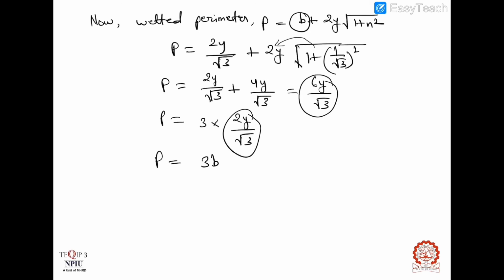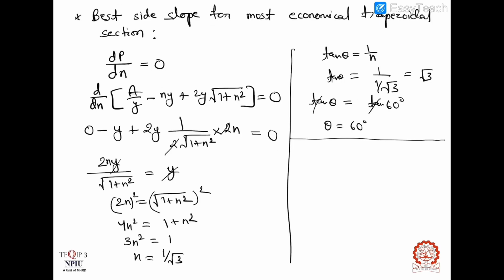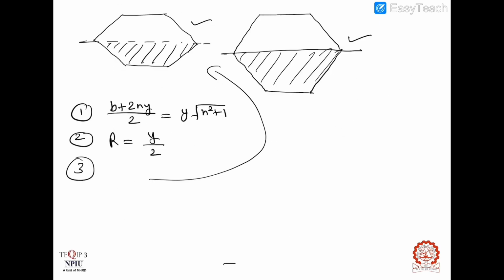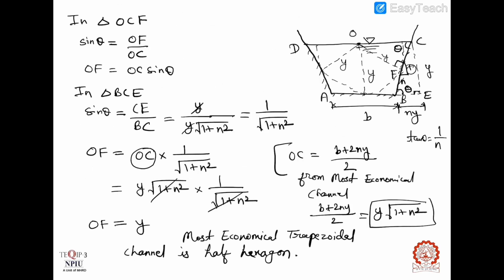It means for a side slope of 60 degree, the length of the sloping side is equal to the base width of the trapezoidal section for the most economical condition.